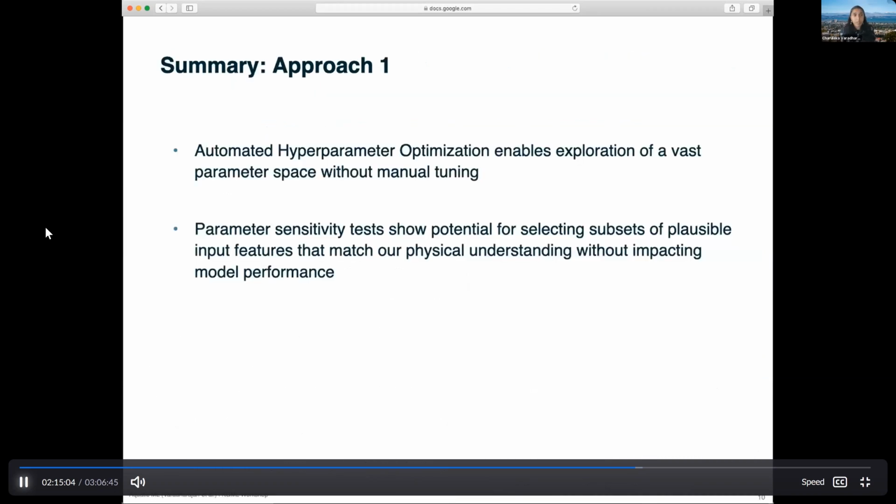So to summarize this approach, there are 2 key messages here. First is that the automated hyperparameter optimization approach dramatically increases the efficiency of building the models and allows us to explore a much larger parameter space without hand-tuning everything.